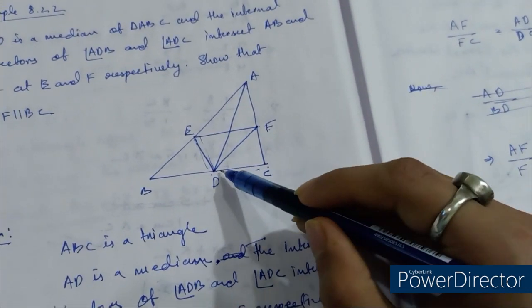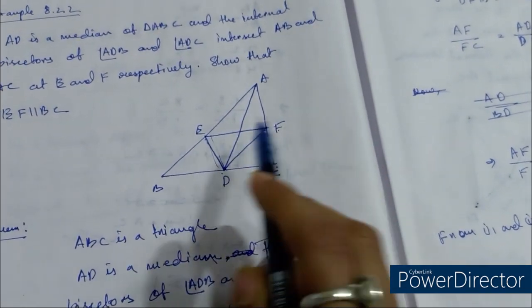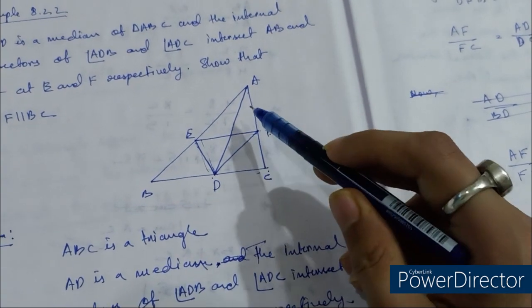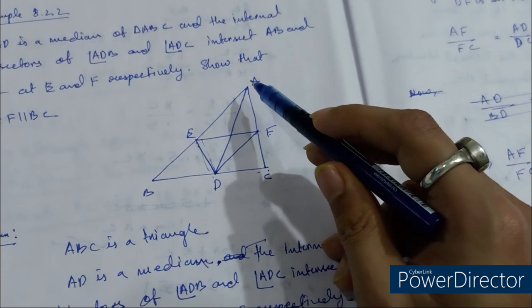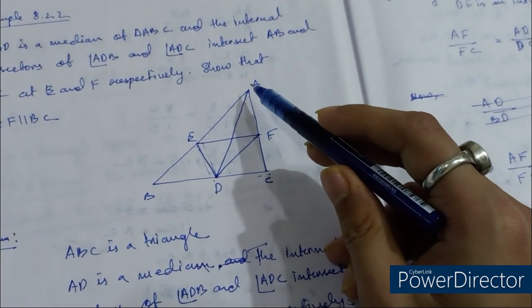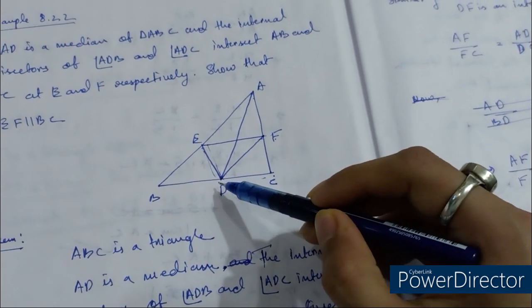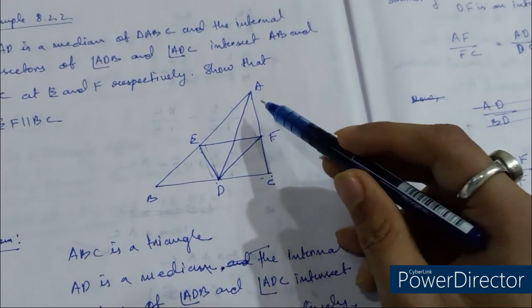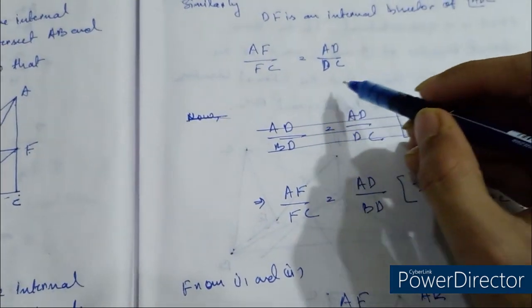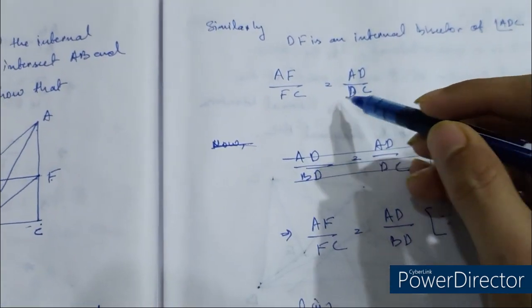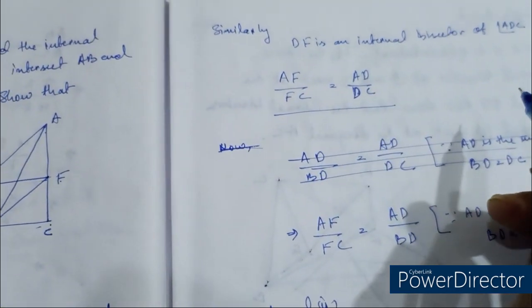Next, in this triangle, since DF is the internal bisector of angle ADC, I can say that AD by DC is equal to AF by FC. Yes, AF by FC is equal to AD by DC.